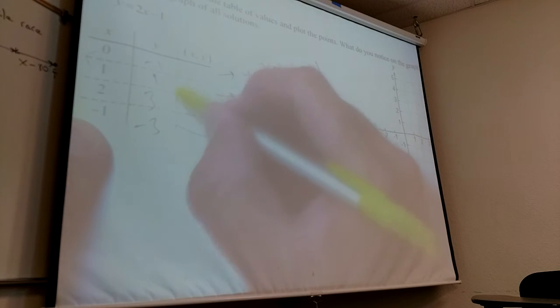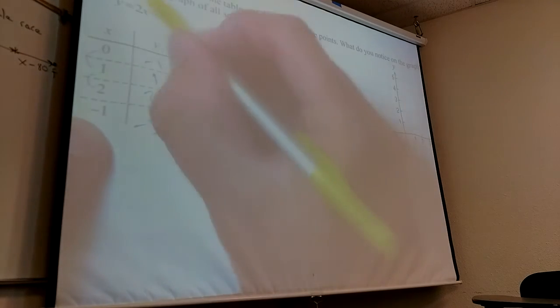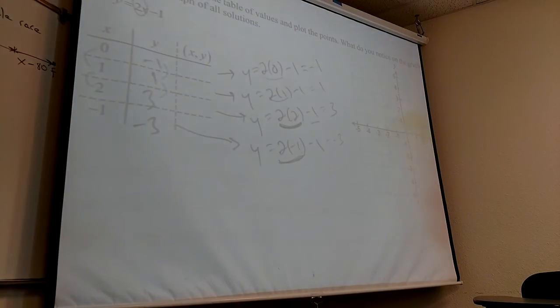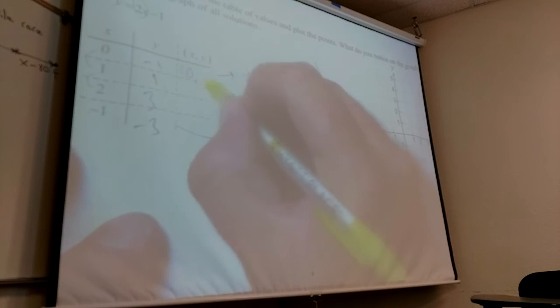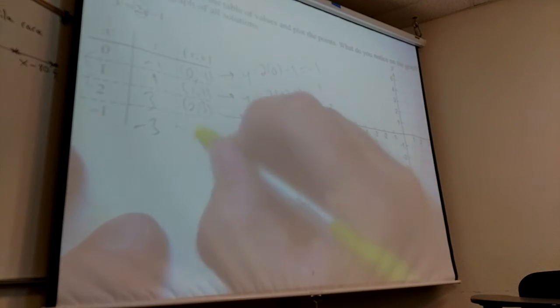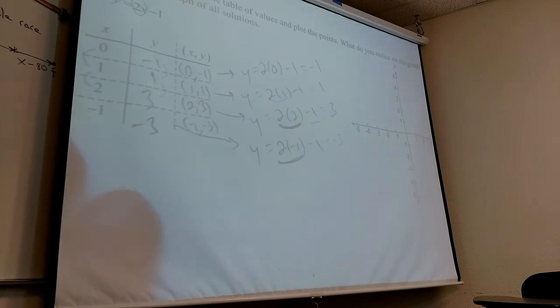Watch, if x goes up by 1, what do the y's do? 2 more. Up by 2, up by 2, and see how that's a 2? Cool. On one level, it's like, well, yeah. You are just doubling things and then taking 1 away, so they should go up by 2. And now, what's the point that this creates? 0, -1, 1, 1, 2, 3, -1, -3.